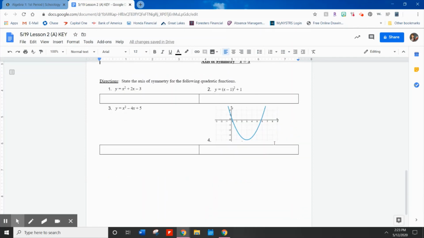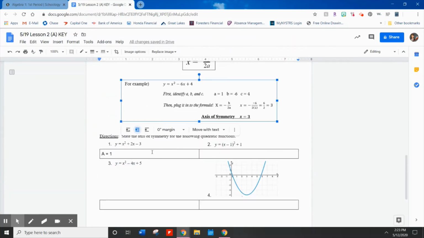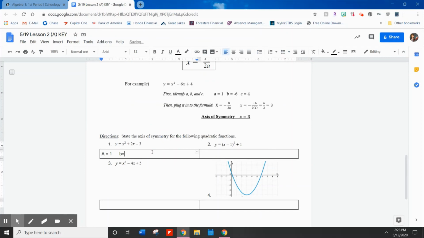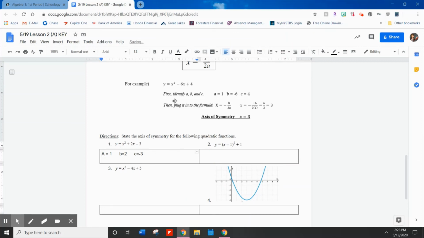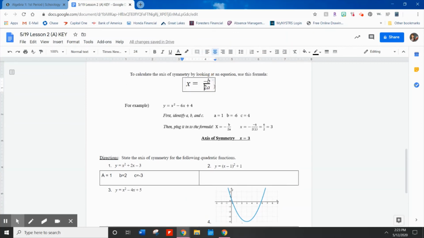All right, taking a look at number 1, let's do that one together. We're going to state the axis of symmetry for the following quadratic functions. We've got to first identify a, b, and c. A is 1, b is 2, and c, not like it really matters, is -3. Now I'm going to go up here, where this equation is typed in for you.